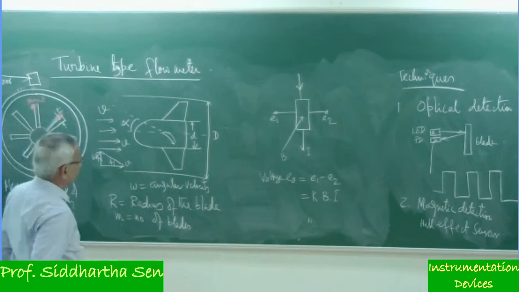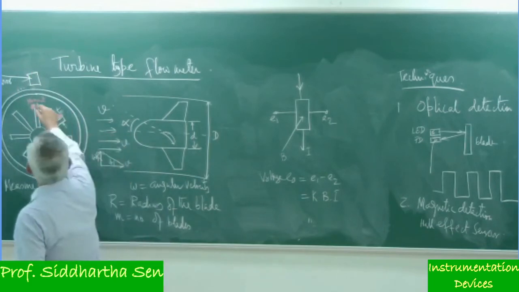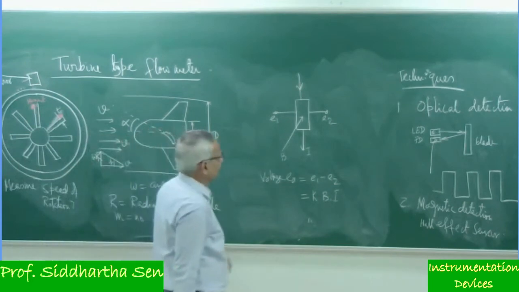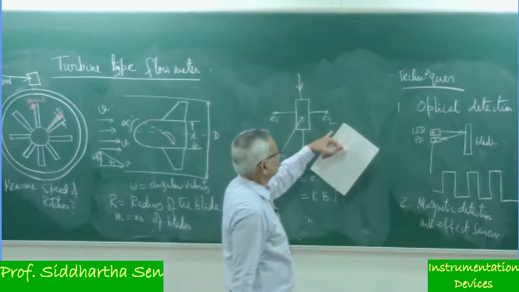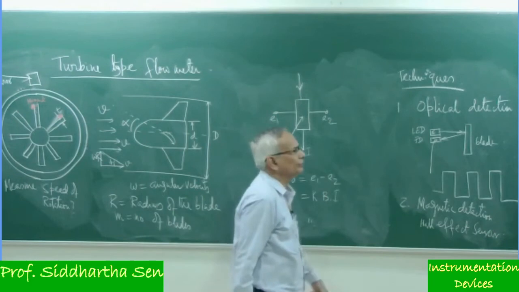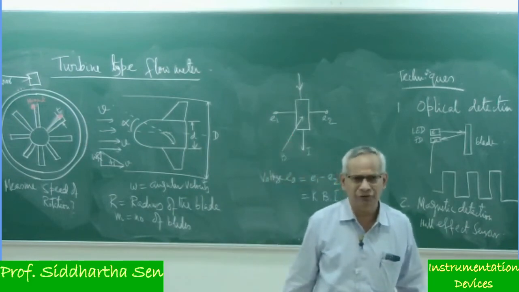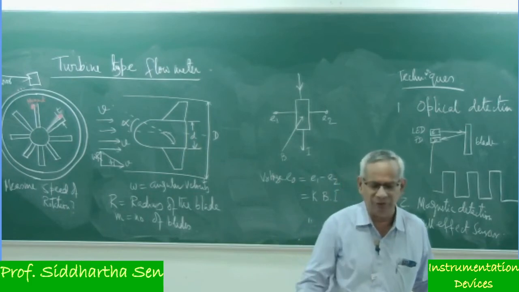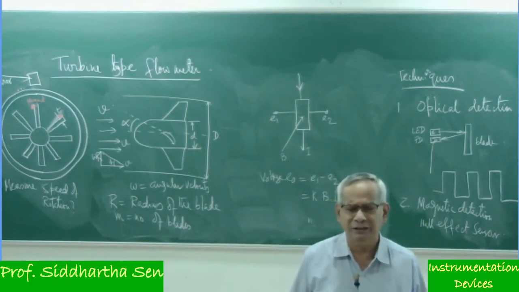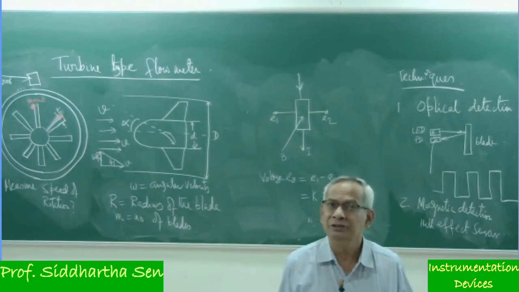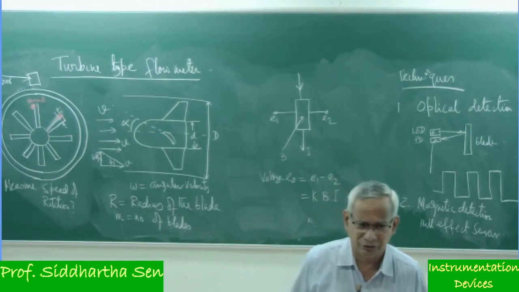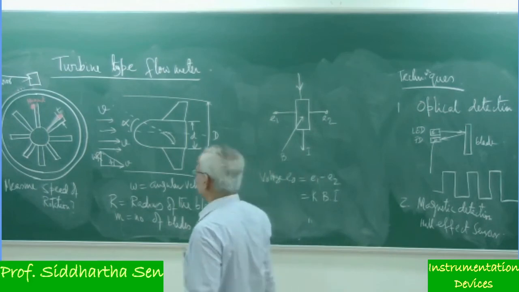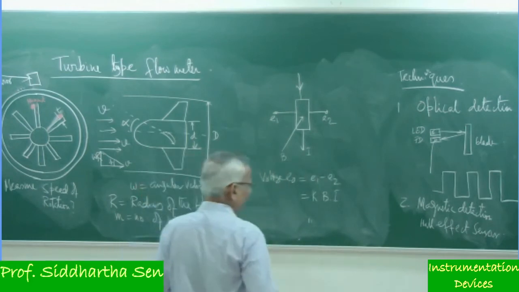Whenever the magnetic pole comes in the vicinity, the flux density changes, and as a result there would be some change in the voltage, and we measure how many pulses we receive, and divided by the number of blades, you get the speed of rotation. Okay? So that is the way we can go for the turbine type flow meter.